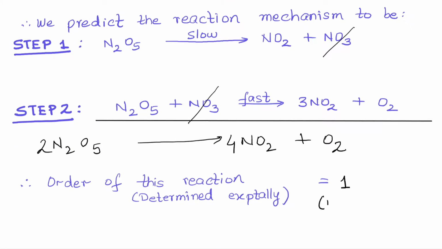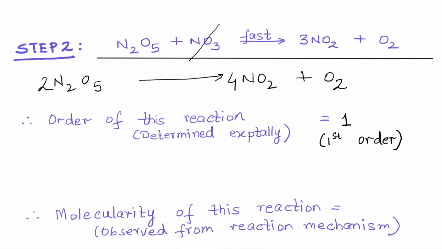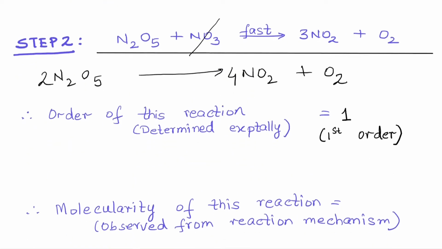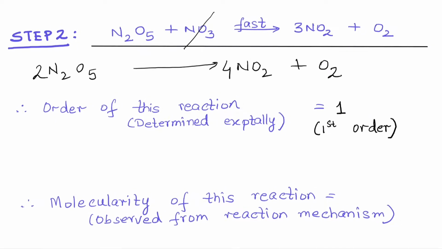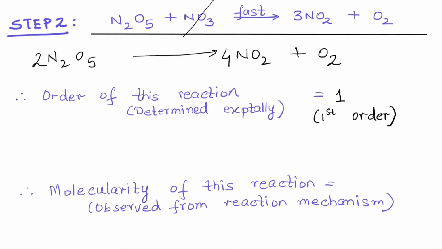It is a first order reaction. Again, order of reaction has been separately explained in the set of videos, and we have also derived expressions for first order and zero order reactions. The integrated, graphical, everything has been covered on the channel.